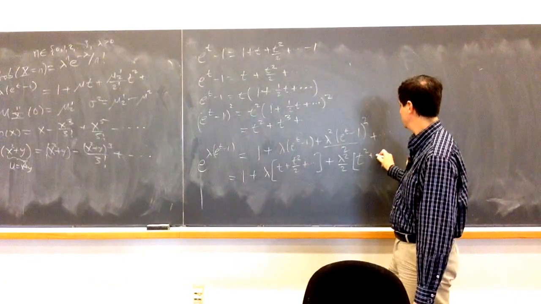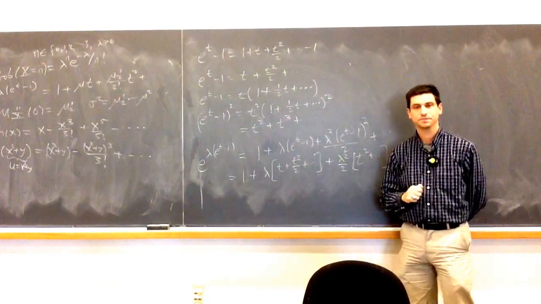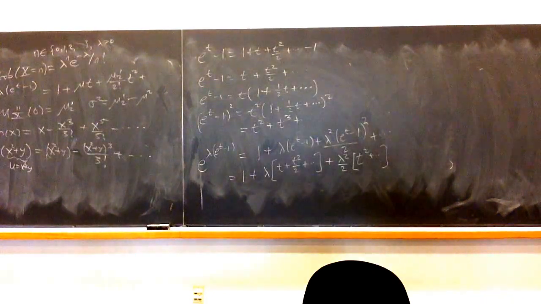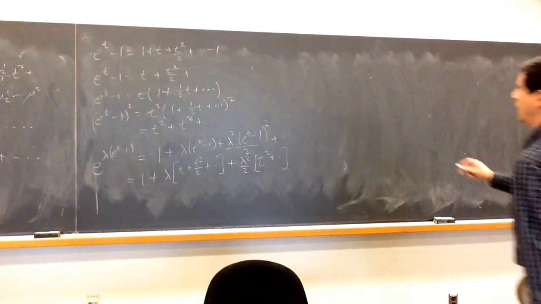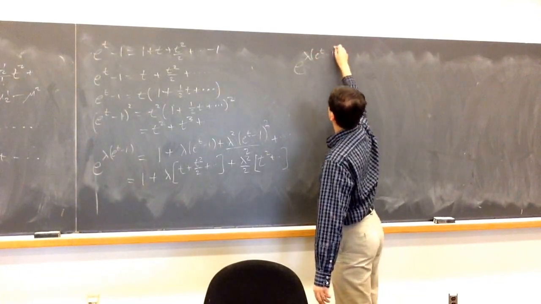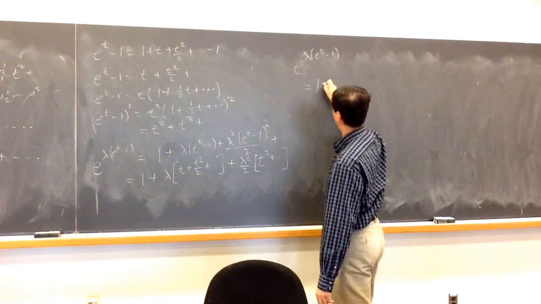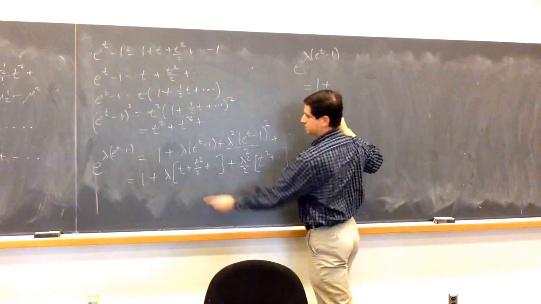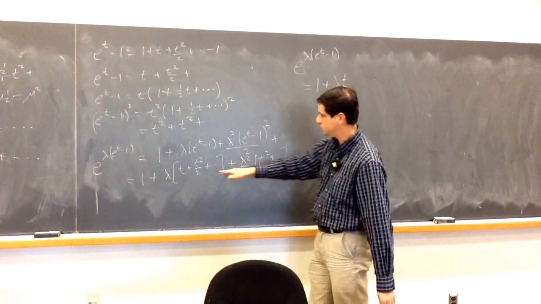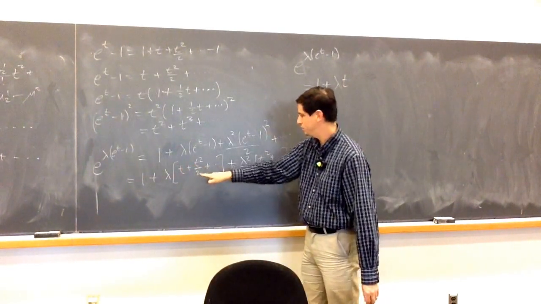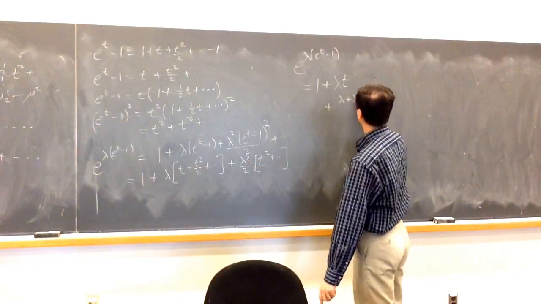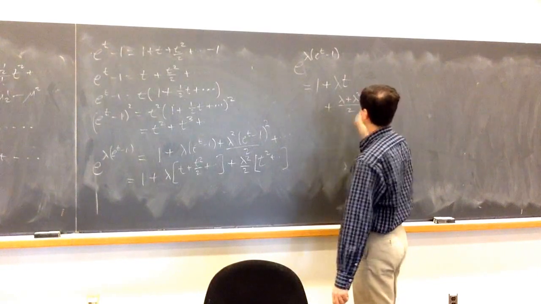I just have to keep the t squared term. So if I simplify the algebra a little bit, e to the lambda (e^t - 1) is equal to 1. The only t term is coming from here, so I get lambda t. And now for the t squared, I get a lambda over 2 and a lambda squared over 2. So I get (lambda plus lambda squared over 2) t squared.